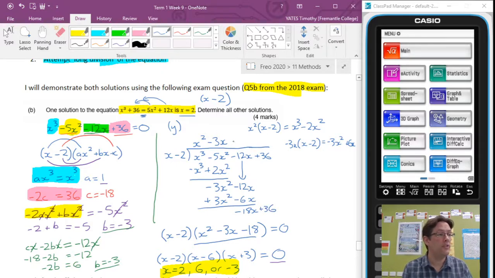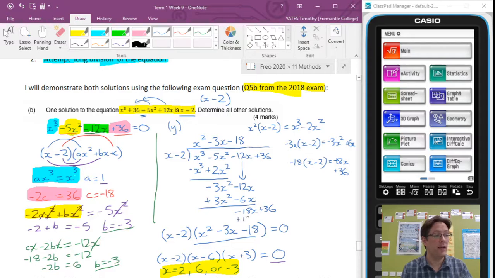What do we need to do to cancel out this negative 18x? We need to multiply x minus 2 by negative 18. So negative 18 times x minus 2 is negative 18x plus 36. You can see that this is exactly the same, and if I subtract that off, we'd end up with 0.